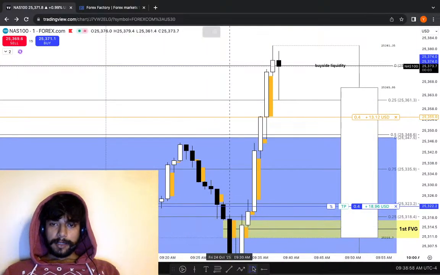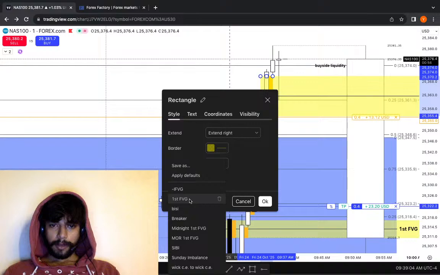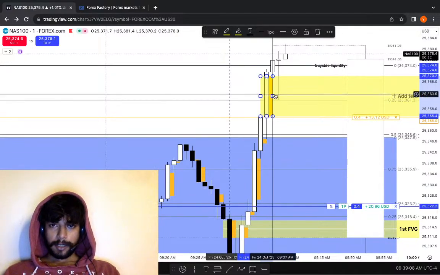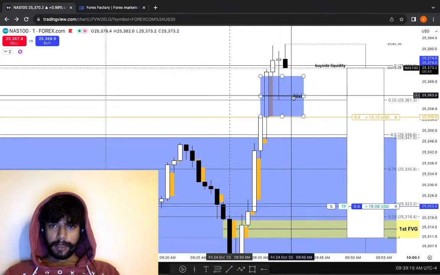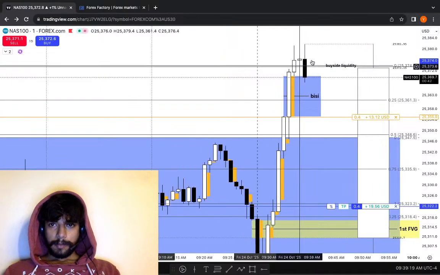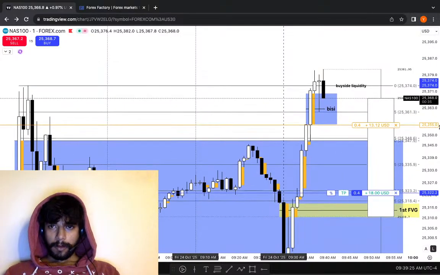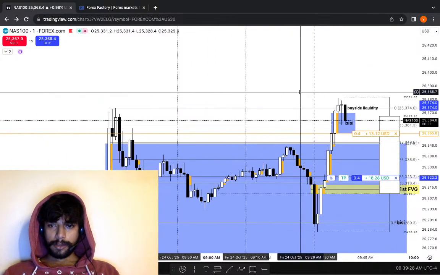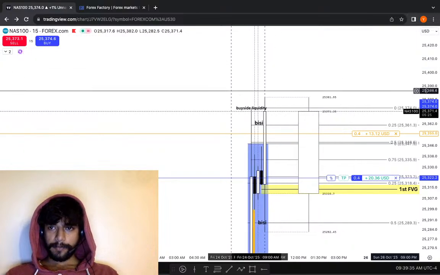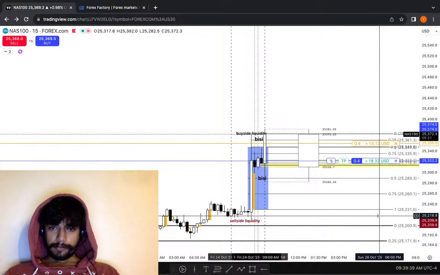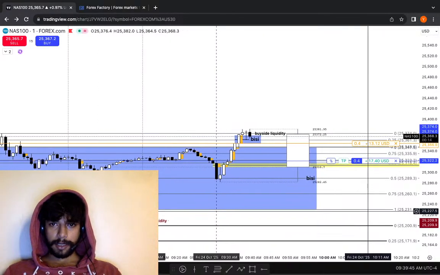What I meant by that is how this buy side imbalance, sell side inefficiency, which is this C, currently the bodies of the candle are staying outside it, but it can also break that buy side imbalance, sell side inefficiency and come down to explore some sell side. So that will be interesting to see how it's going to play out.